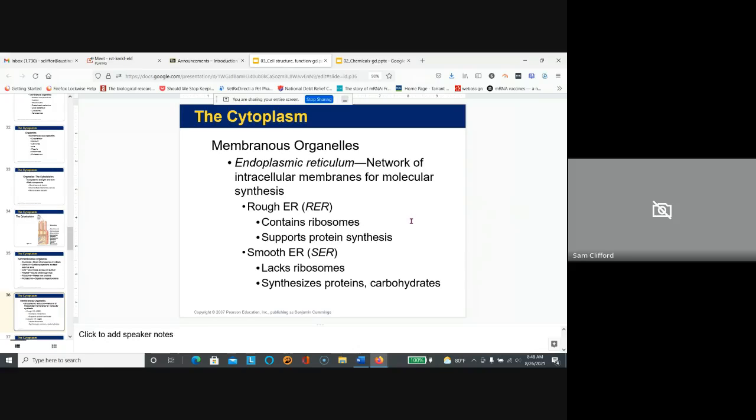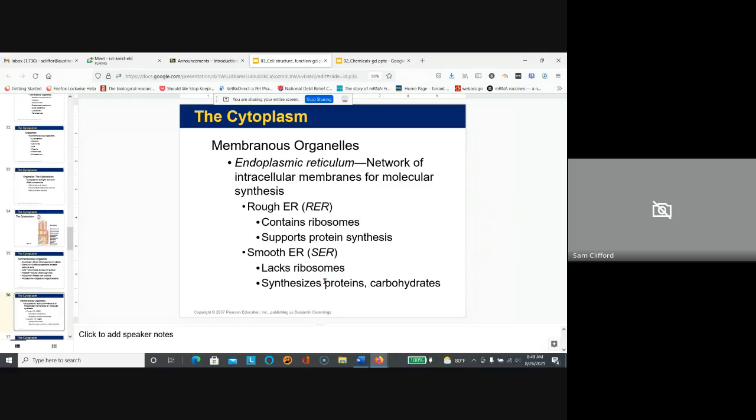So the endoplasmic reticulum is a network of tubes. If it has rough ER, then proteins are synthesized. The smooth ER is where additional proteins and carbohydrates are synthesized, but there are no ribosomes in the smooth ER.